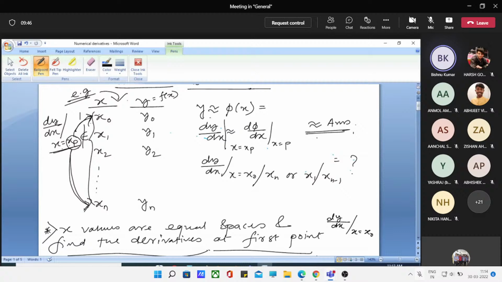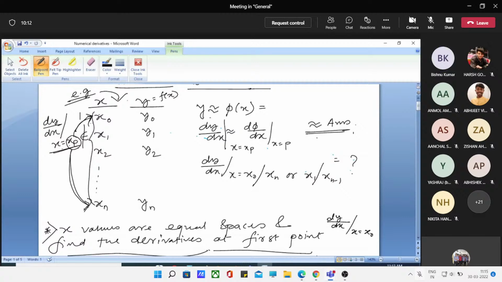Which interpolation technique will you use here? Newton forward interpolation? Yes or no? Yes. Okay.